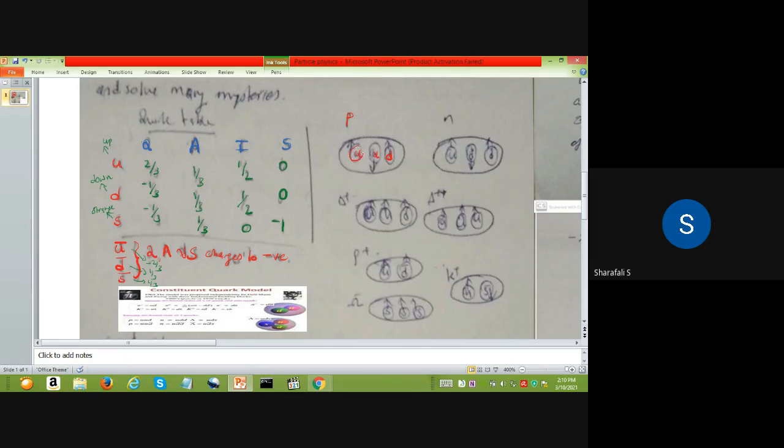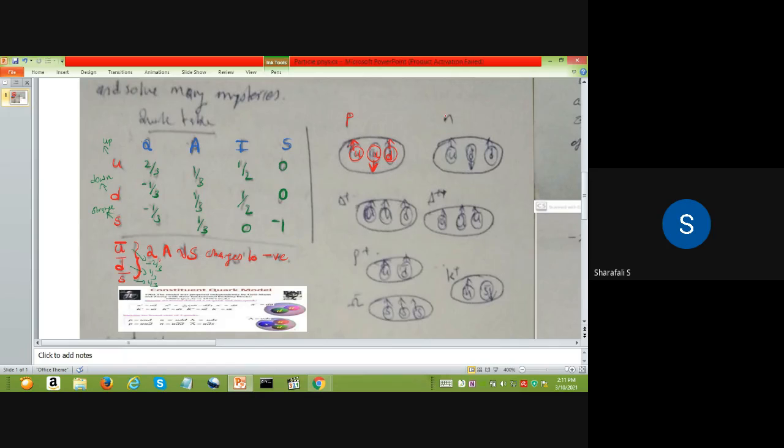They have different spins. This up quark has spin up, then another up quark is there. All quantum numbers are the same, but this spin should be down, so that the Pauli exclusion principle is not violated.